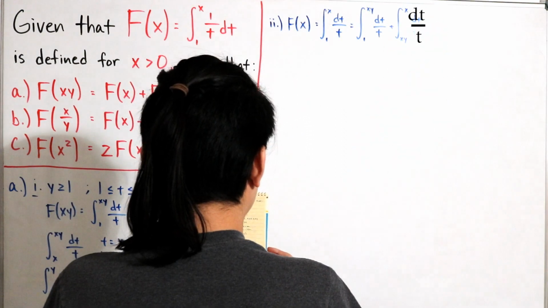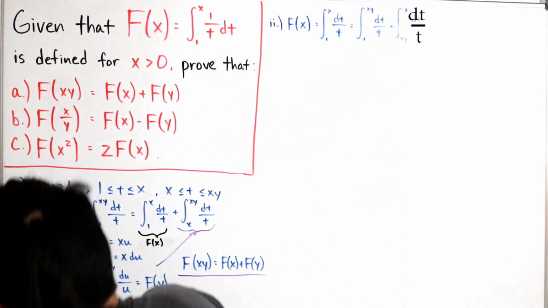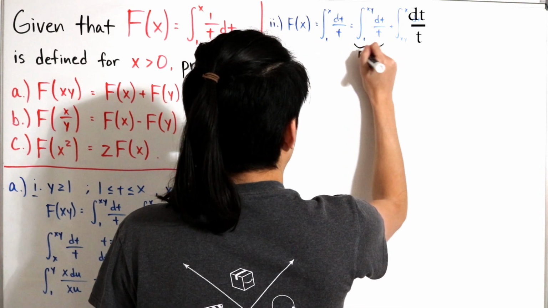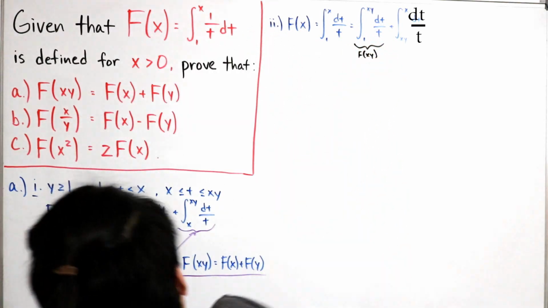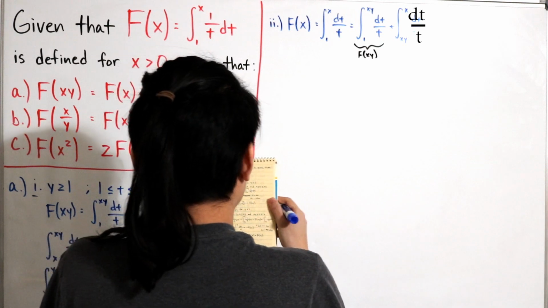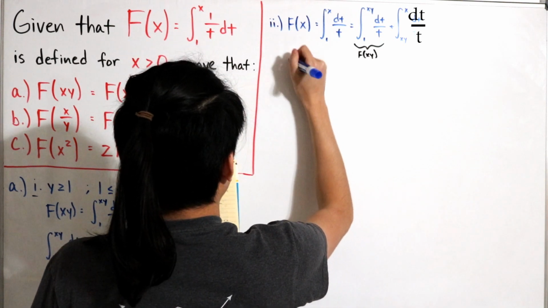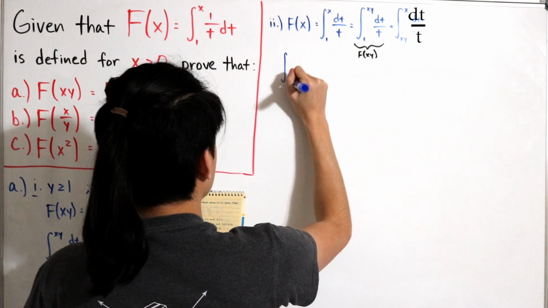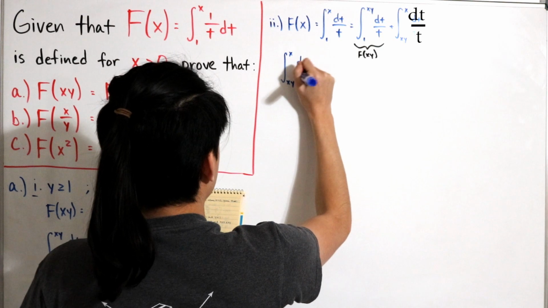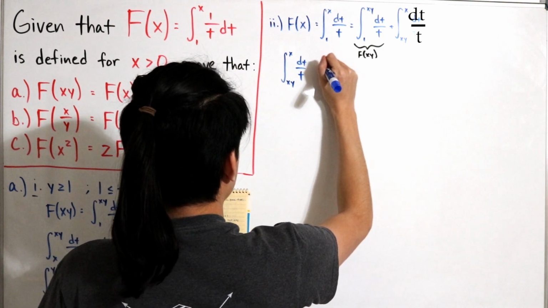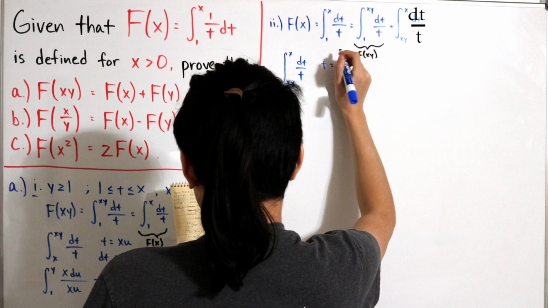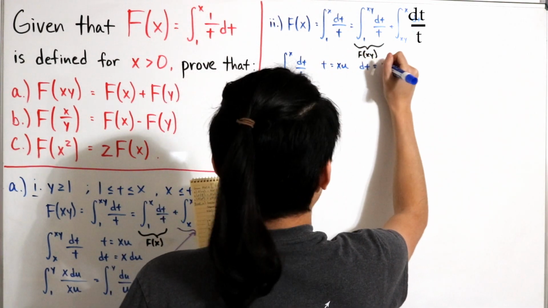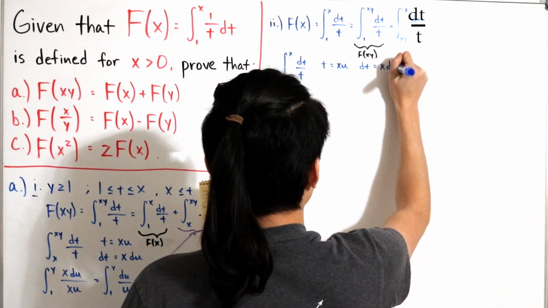Then this first integral is just f of xy, so I'll put that down as f of xy. All we have to do is calculate this integral, which is very easy because we're doing a very similar method. We let t equal x times u, so dt is equal to x times du.